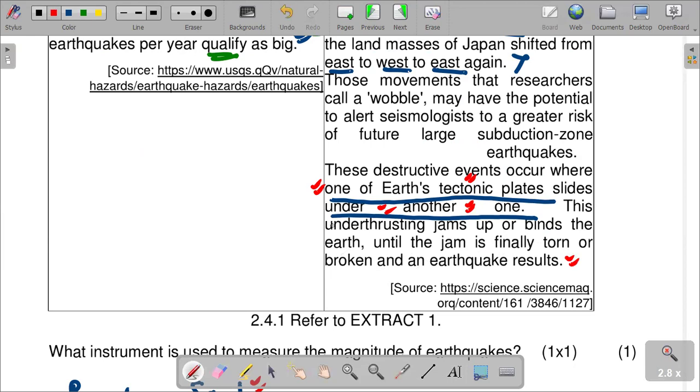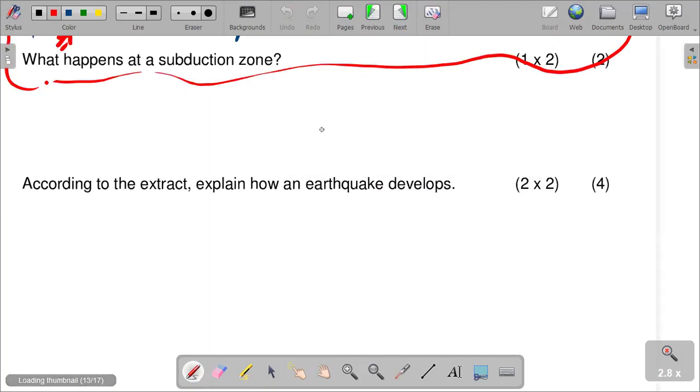So our answer comes from the point given here, that underthrusting jams up and binds the earth until the jam finally tears and breaks, and then the earthquake results. When we talk about the development of an earthquake, it is the underthrusting that jams up or binds the earth.